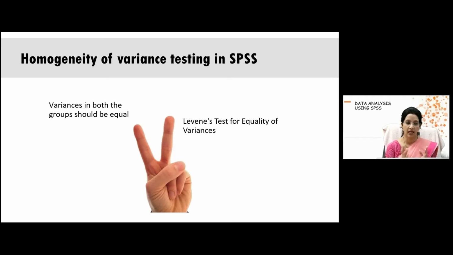So I have told you one test of normality, which was the Shapiro-Wilk test and QQ plot, and the other is to check the homogeneity of variance. And I told you, we assume that the variance is equal in both groups. That means both the groups have been drawn from the same population. And for this, there is an objective test, which is known as Levene's test for equality of variances.